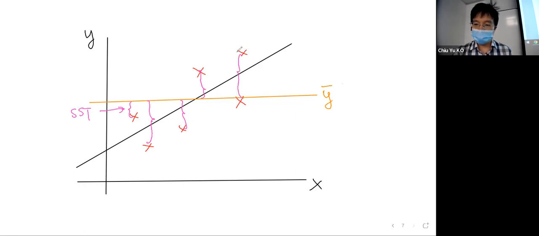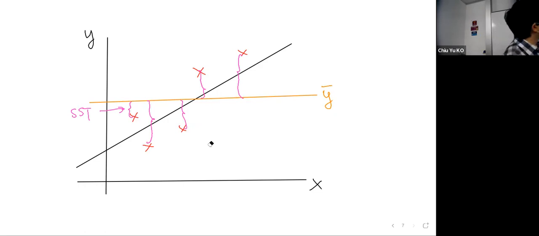Maybe I change this a little bit to make it clearer. Okay, this is SST, of course the distance squared. The distance between each data point and the mean of Y is the SST. And what is SSR? This is Y hat.